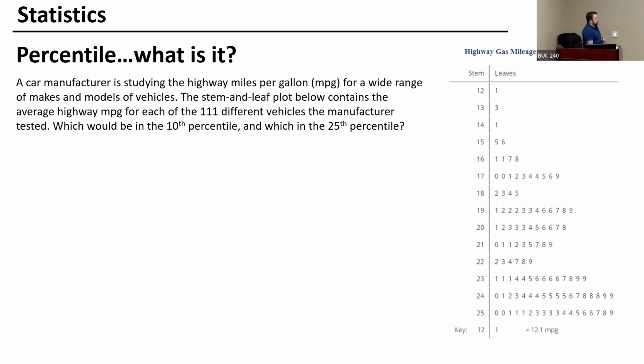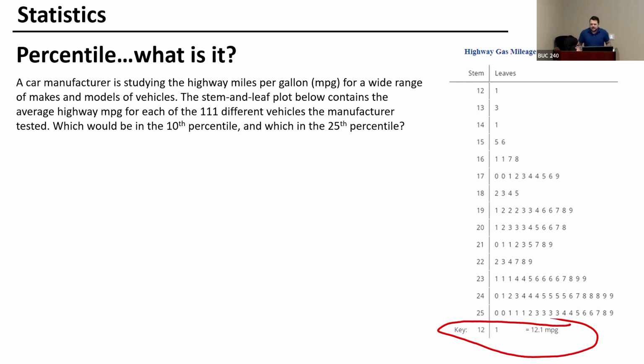So here's our stem and leaf plot. Remember, to read a stem and leaf plot, always look at the key. It's going to give you a key right down here at the bottom. Look at it first, and it'll tell you how to read it. If you don't look at it, it's really confusing because you could be reading it as 121.